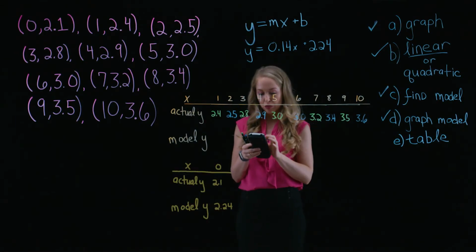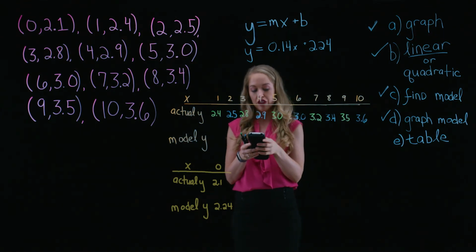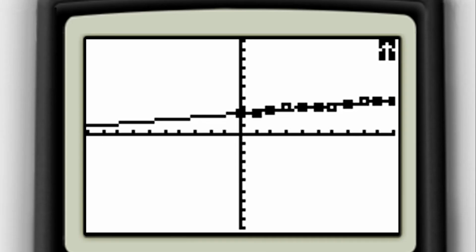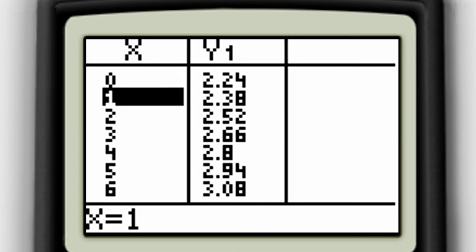At this point, I want to go to the table feature of my graphing utility. For me, I press second graph, which takes me to table. And now I'm going to look for the values of the model y and just plug those in. So when x equals 1, I have 2.3.